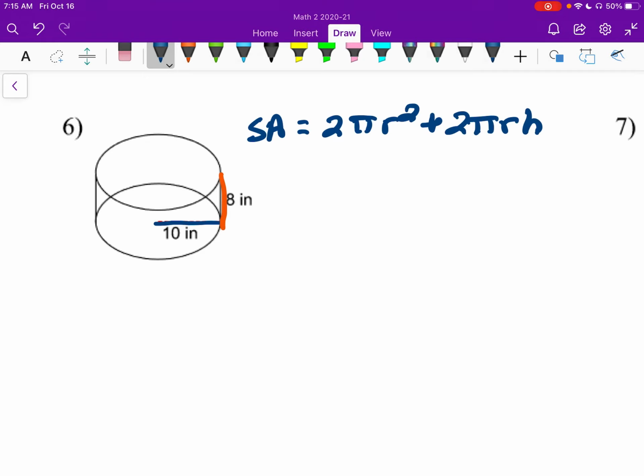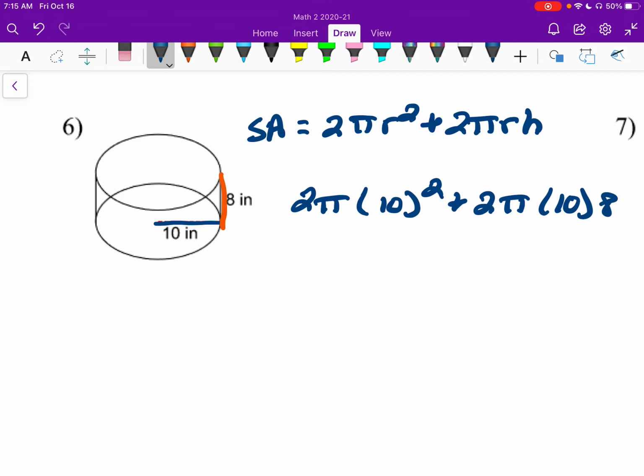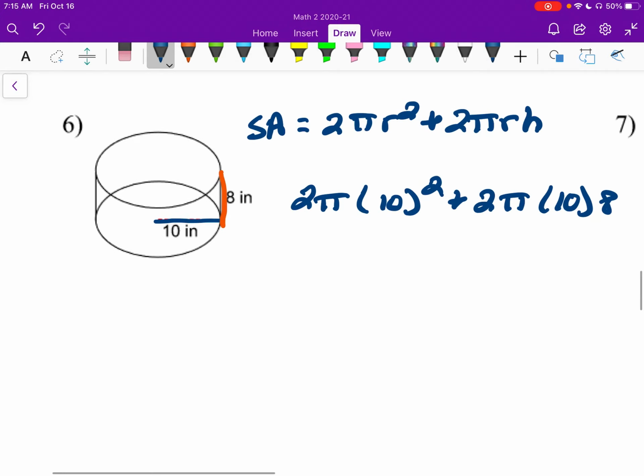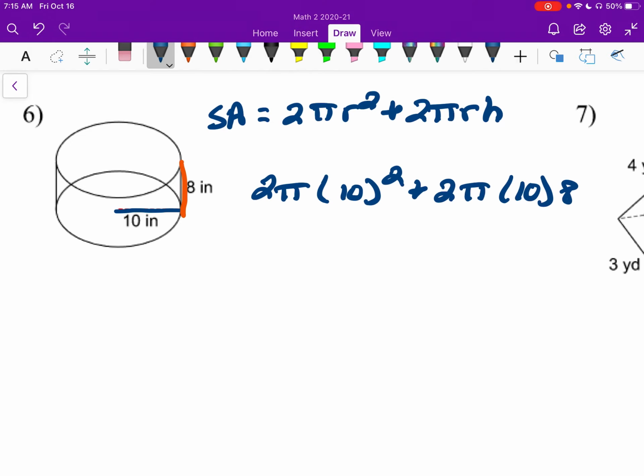Right? So I'm just going to plug this in. I'm going to have 2 pi 10 squared plus 2 pi 10 times 8. So again, I'm going to treat my pi like it's a variable to start off with. So I got 200 pi plus 160 pi, which gives me 360 pi.